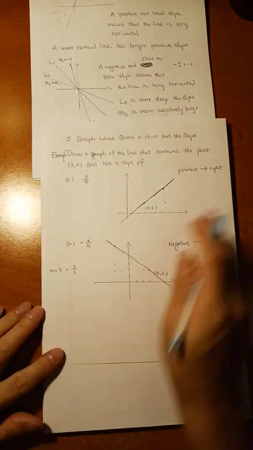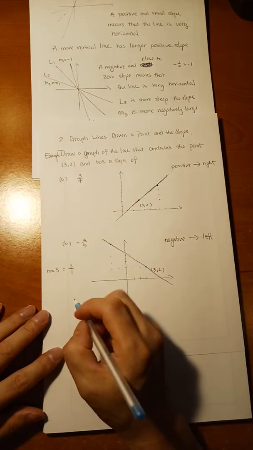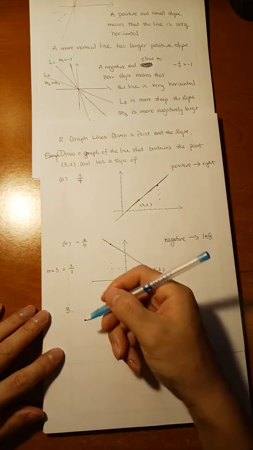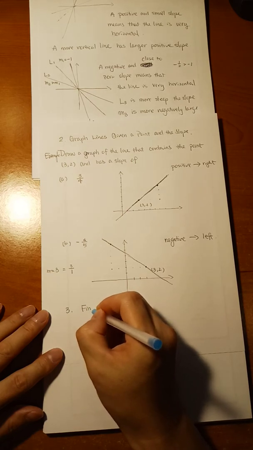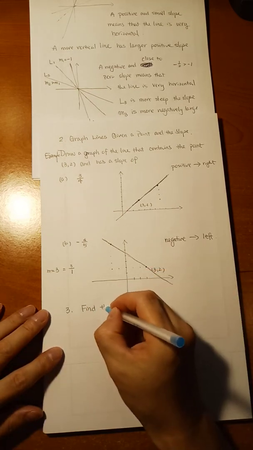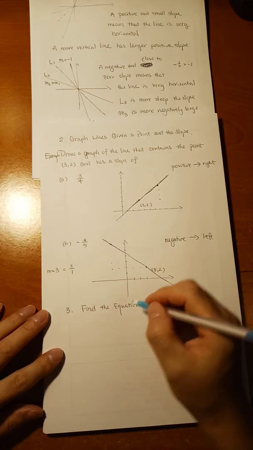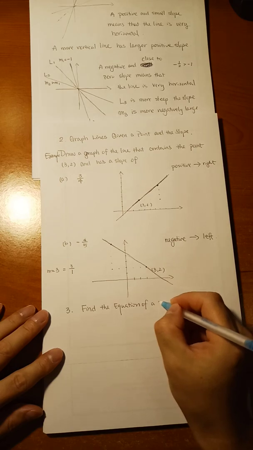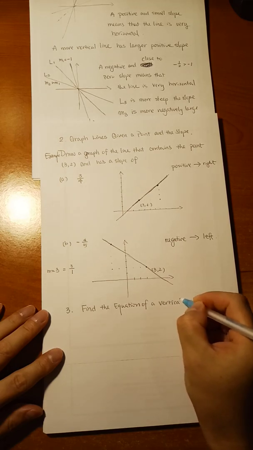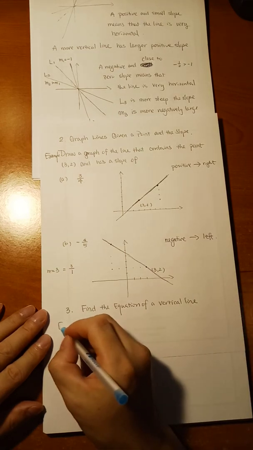And next, this is a graph of the line with slope. We know that not every line has a slope. What line has no slope? Vertical line. Find the equation of a vertical line. Okay, so first, let's see the example.